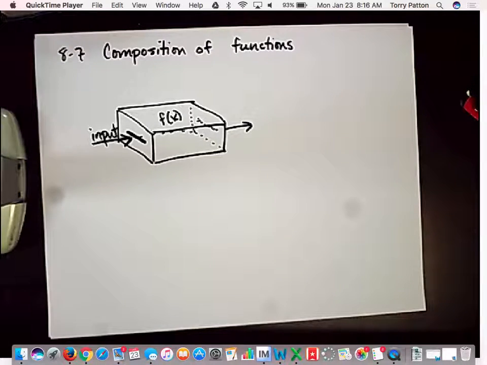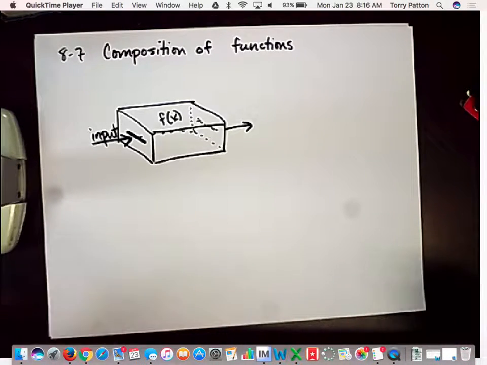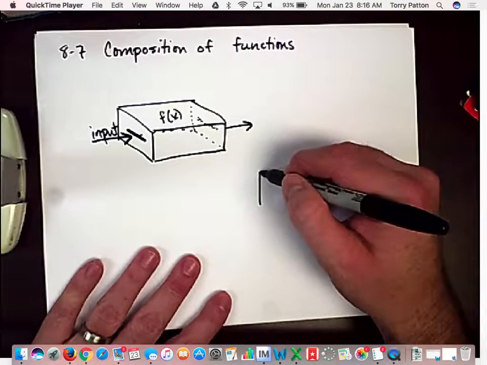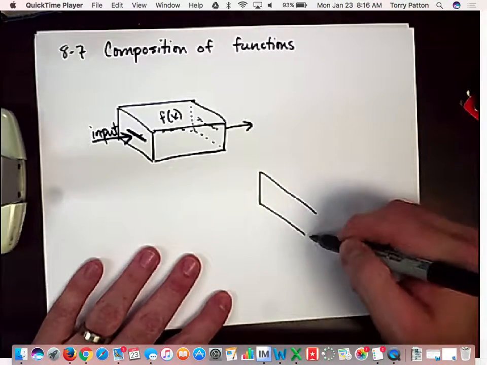They'll just give you a long list of ordered pairs, and they tell you, like, every time that you plug in 1, you get a 7. Every time you plug in 2, you get 15. And you don't know what the rule is. You just have a list of inputs and outputs, okay? Well, what happens when you have composition of functions is you have two function boxes.